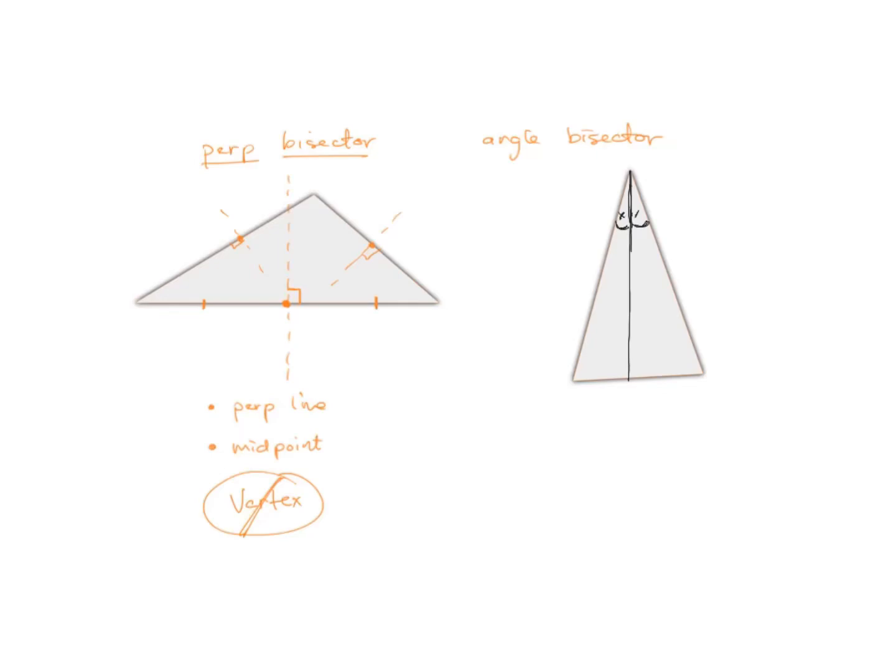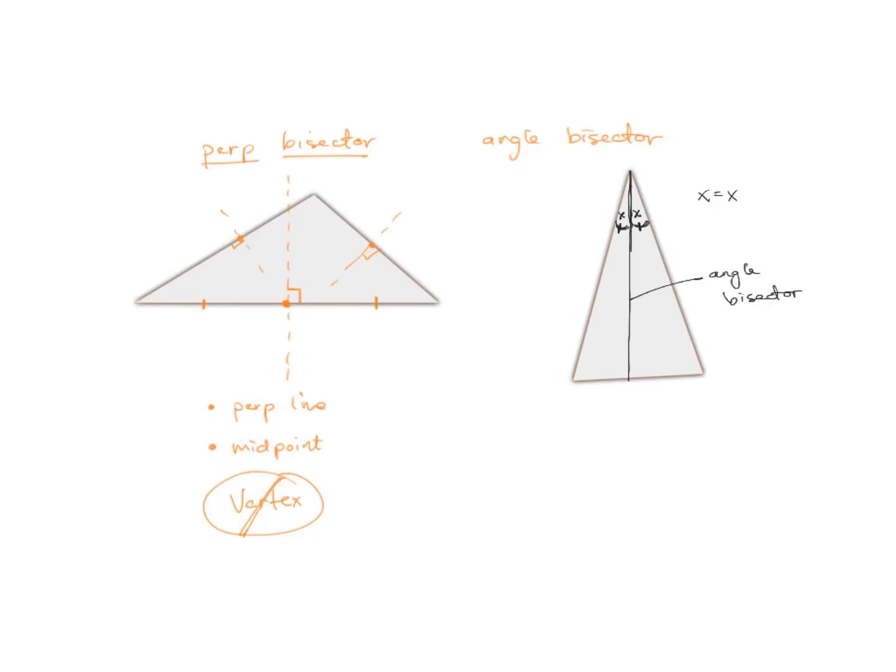And that's why I have the x and the x to show that x is equal to x. It's the same. And sometimes what you'll see is they'll give an arc with a single slash just to show that this is an angle bisector. Those angles are congruent, or they're the same measure.